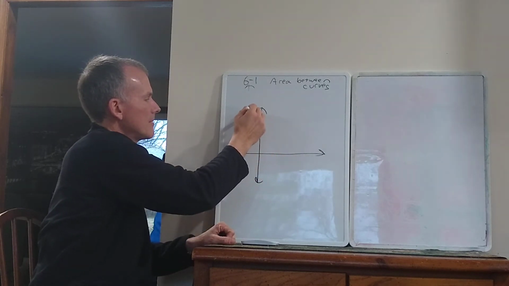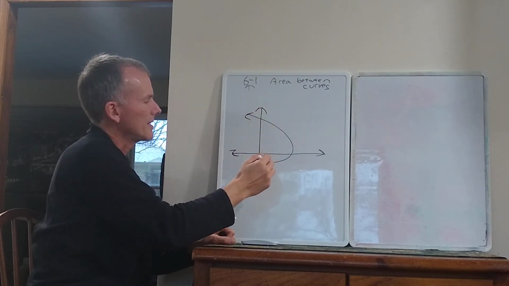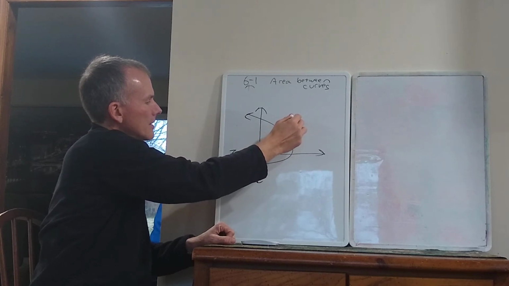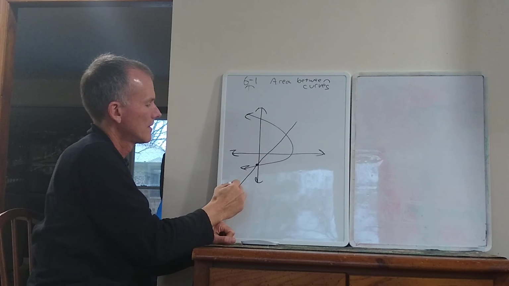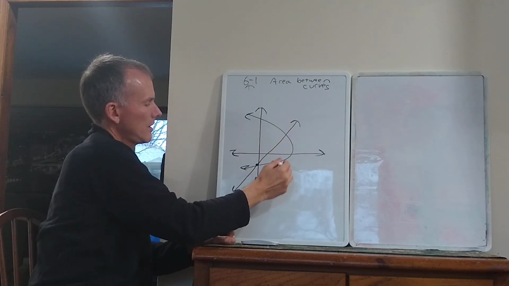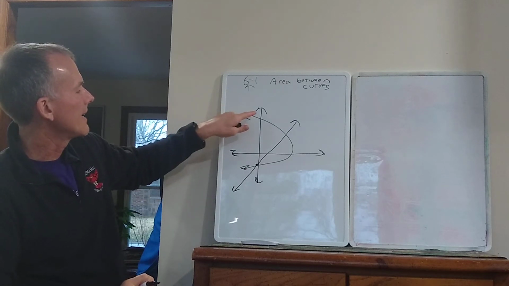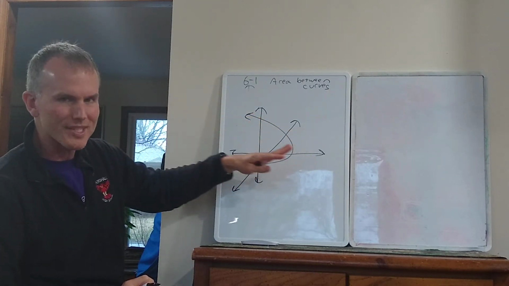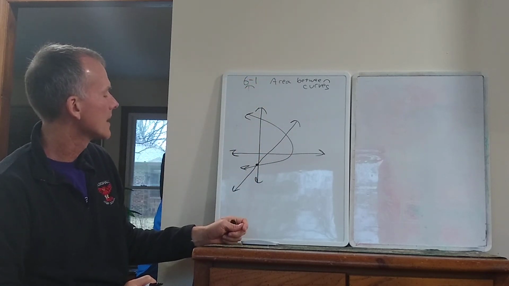What I have to show you is a case where the boundary functions are functions of y rather than functions of x. So I'm going to draw a second region here. This time I'm going to make a parabola open sideways, and then let's make a line go like this. Now, this parabola is a function of y. Notice it passes the horizontal line test. It's not a function of x. It doesn't pass the vertical line test.